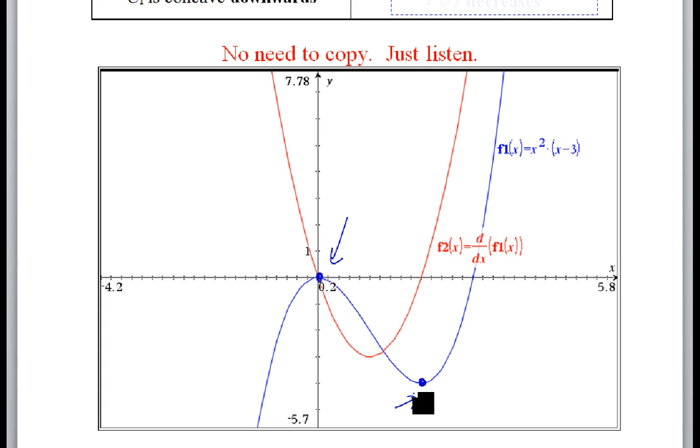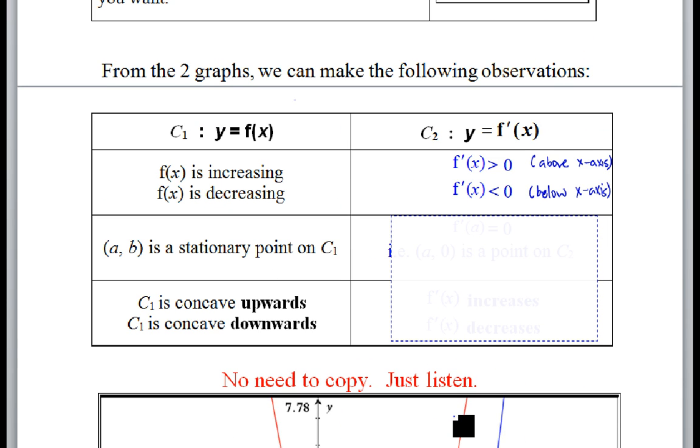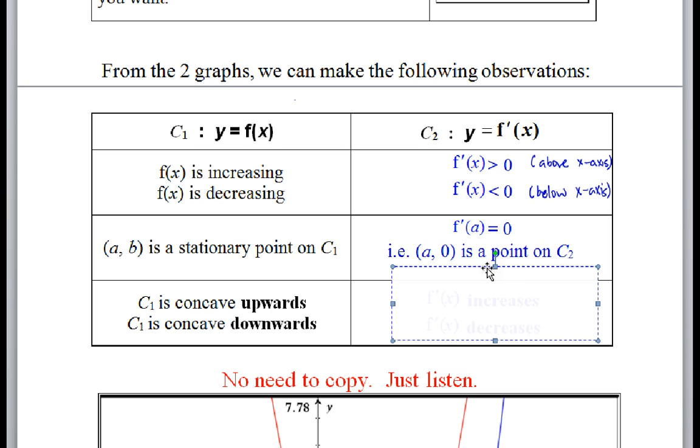That means f prime x must be 0. So, if at x equals a, where the y coordinate can be anything, there is a stationary point, then at a, f prime a is 0, which means that (a, 0) is a point on this derived graph. Make sense?